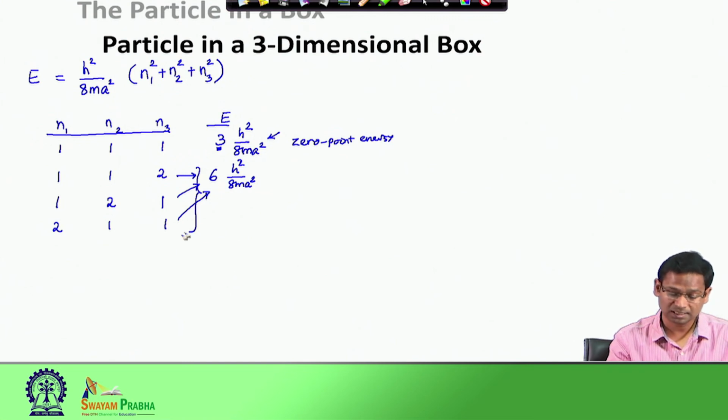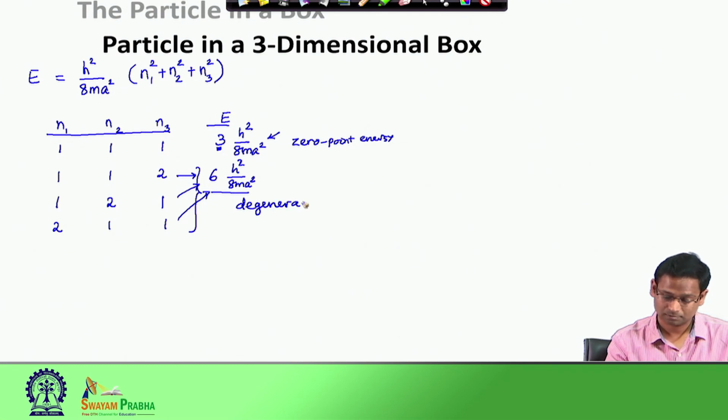So, now what we see is that we have 3 different state functions, represented by 3 distinct eigenfunctions, which have the same eigenvalues. This is a case of degeneracy. So, we see that this energy level is threefold degenerate.